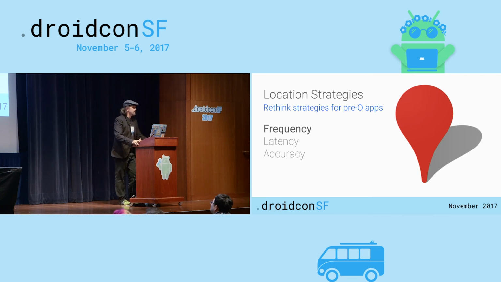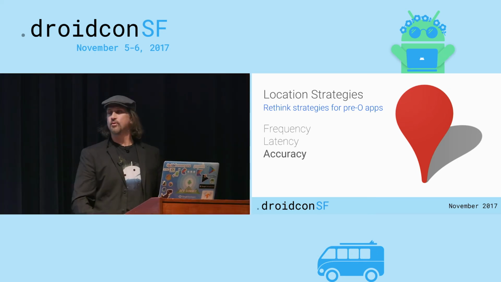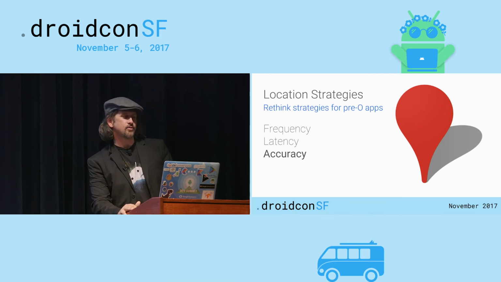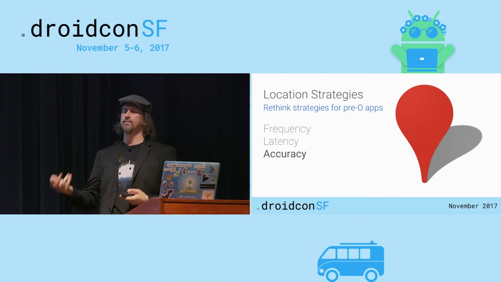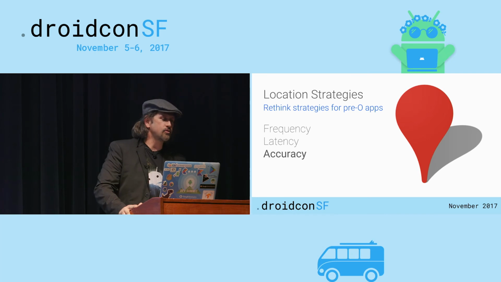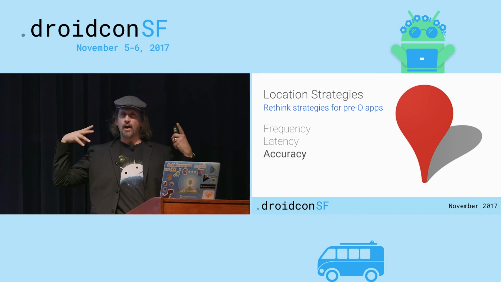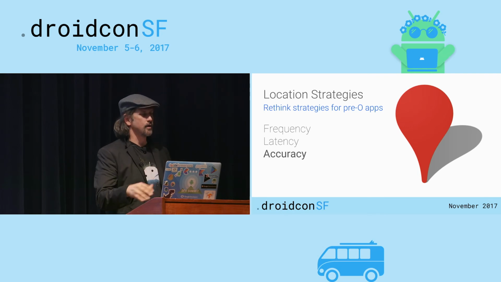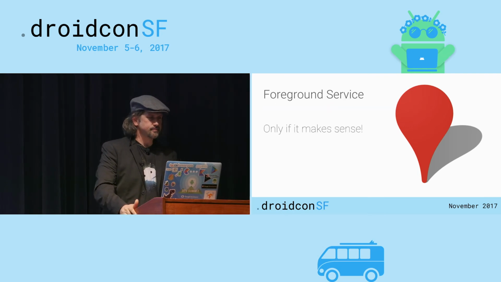So reducing the frequency, increasing the latency, all of these things, and also rethinking accuracy. How much location accuracy do you really need? Do you really need high accuracy, or is it good enough for you to get zones of where the user is? All this is really important when you're thinking about how your app is affecting system health. And that's really what we're all about here in Android O and all of these changes we made.